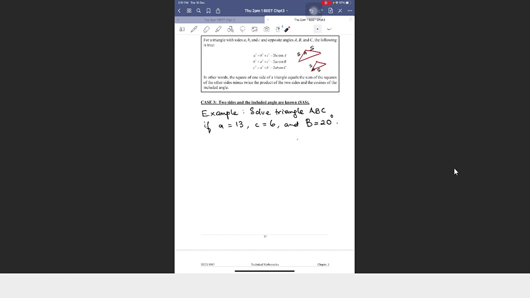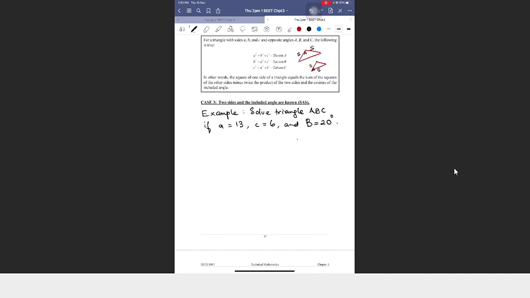Even if you don't sketch, you know that you are given A, C and then angle B. So the formula you are going to apply is the one with AC cosine B, the second formula: A squared plus C squared minus 2AC cosine B. You are to find the missing length, which is B, because you are given A and C.